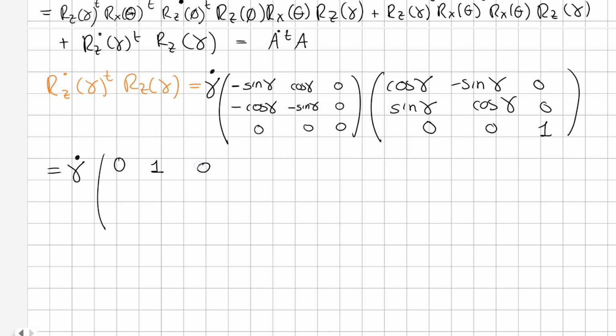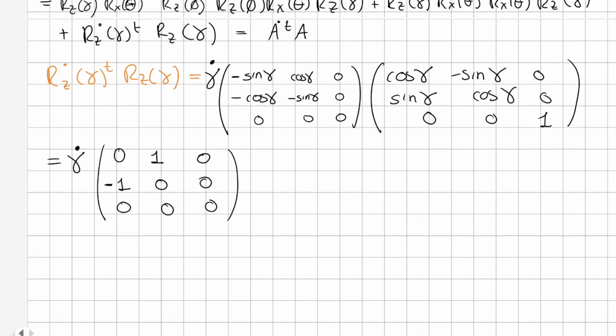Here we are going to get a 0, of course. Then minus cosine squared minus sine squared, we are going to get minus 1 here. Then plus cosine sine minus cosine sine, which is 0, and the remaining entries are 0 as well.